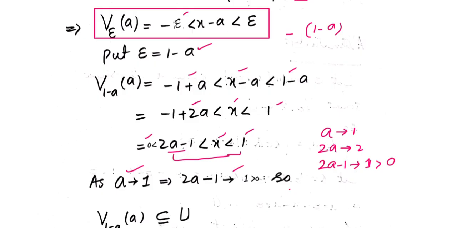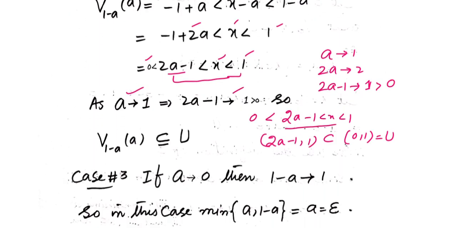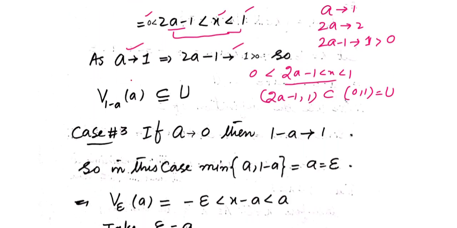This interval 2a minus 1 to 1 is a subset of 0 to 1, which is equal to u. So the epsilon neighborhood of a at epsilon 1 minus a is contained in u.